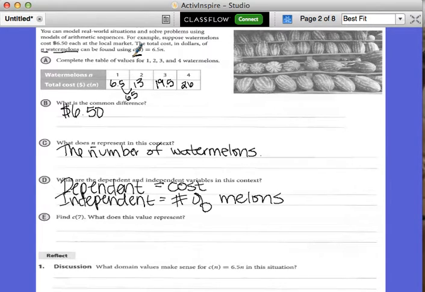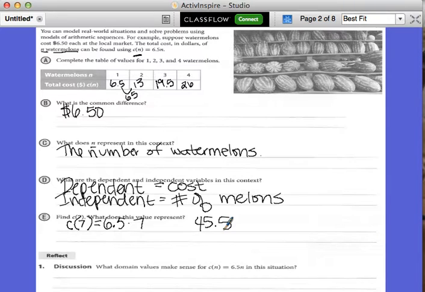Okay, so we want to find C of 7. So in this case, we want to know what is C, the cost, when n, the number of watermelons, is 7. So I know I have to plug in 7, and I do 7 times 6.5, and that's going to give me 45.5. So I know that when I plug in 7, I get 45.5. So what does this value represent?